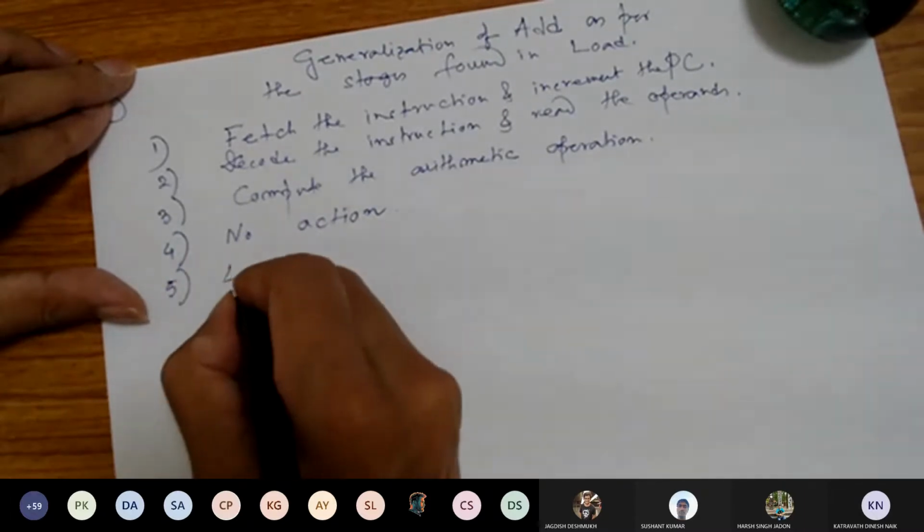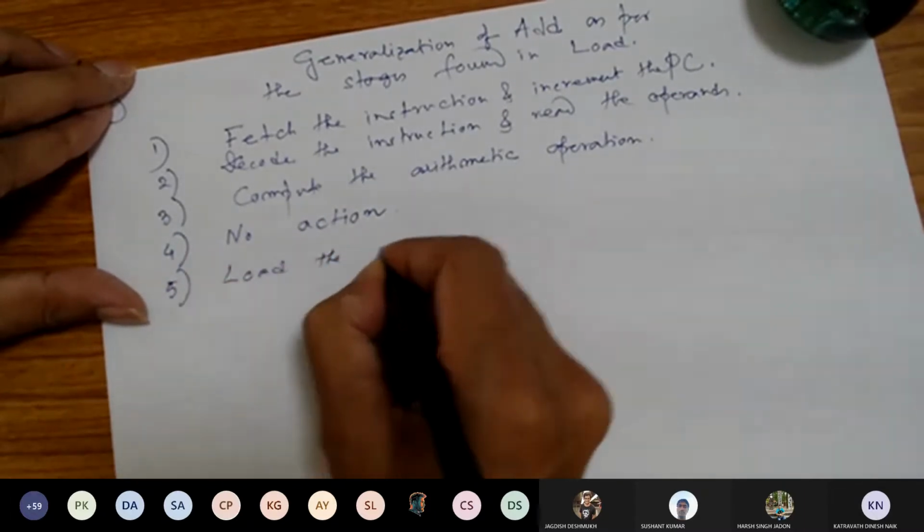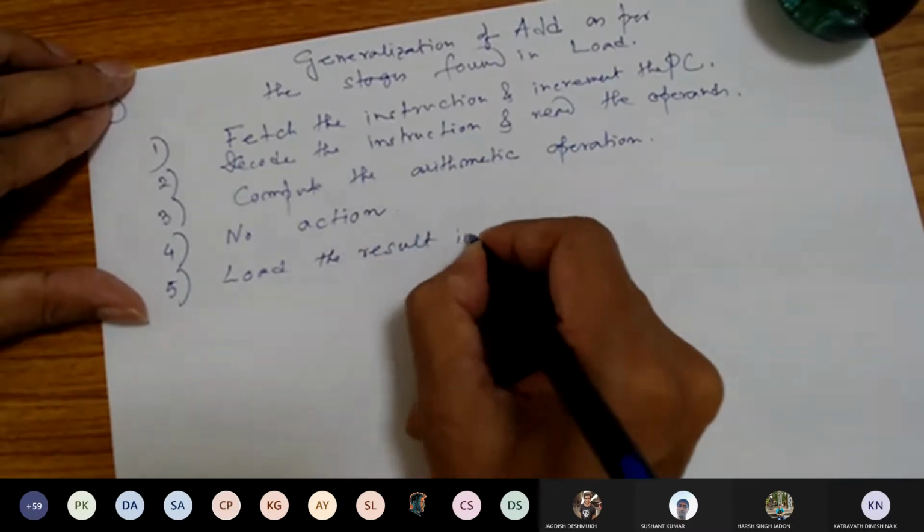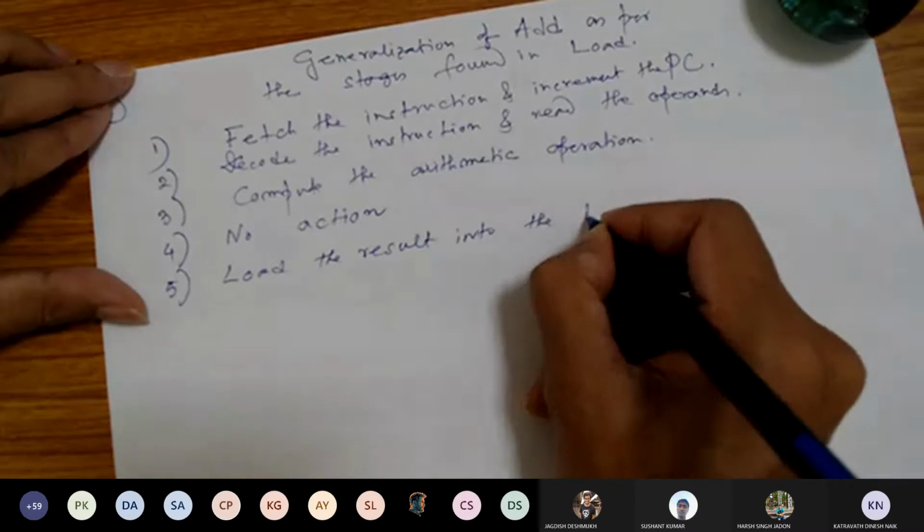And then finally load the result into the destination.